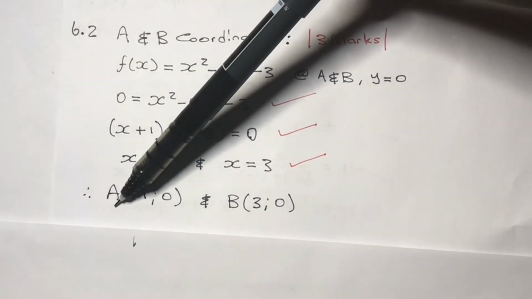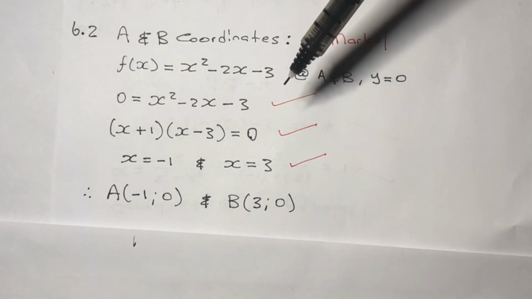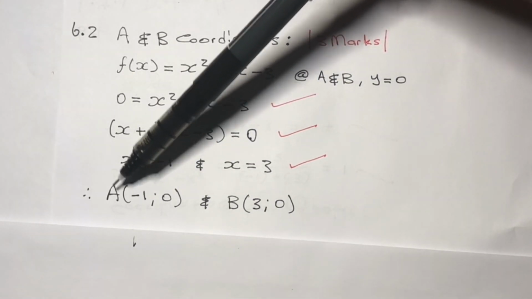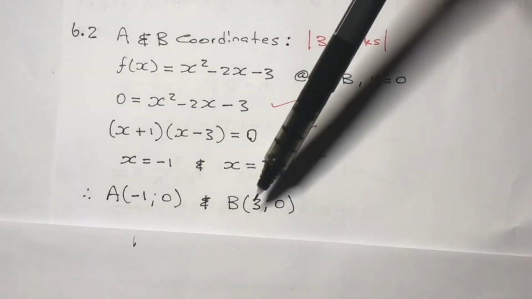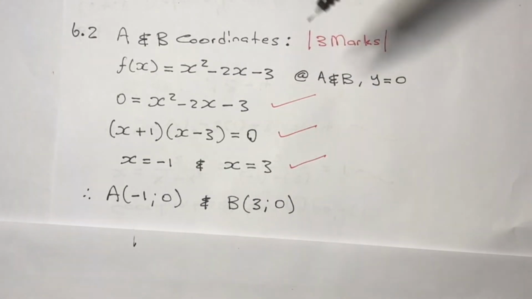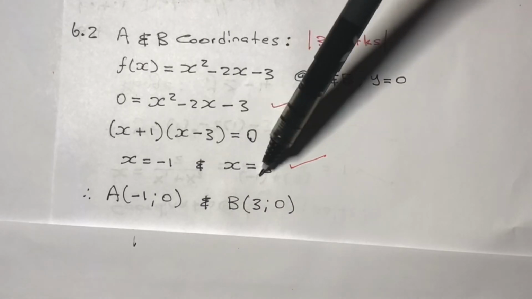You need to write it in this form because you're instructed to provide the coordinates of point A and B. So these are the coordinates. This is the standard form in which you write the coordinates of a given point. So these are just the x values.